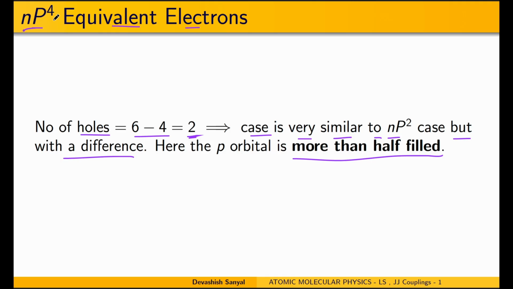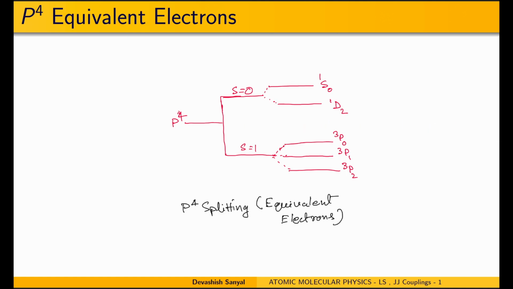So the energy levels here will be identical, but their arrangement will be different. So here is the P4. This is the principal splitting. This is identical. S is equal to 0, S is equal to 1. Then we have 1S0 and 1D2.